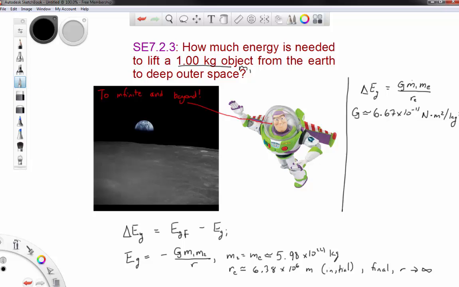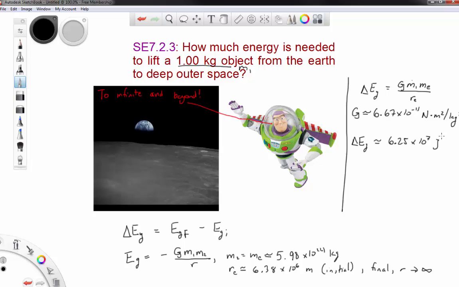So let's have a look at that. This gives us a total change in energy of about 6.25 times 10 to the 7 joules.